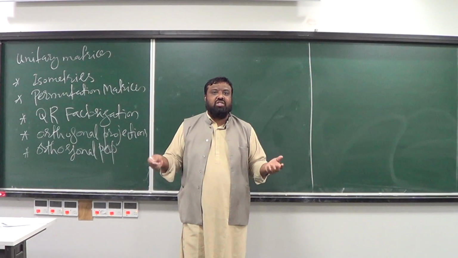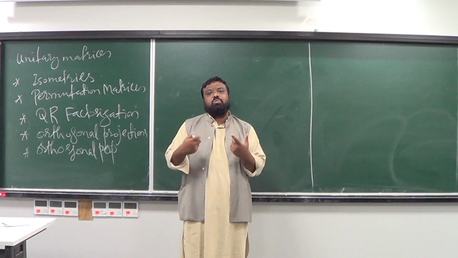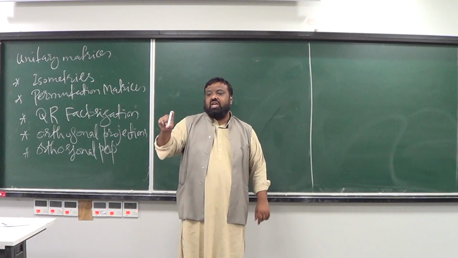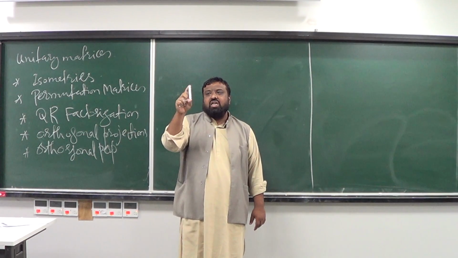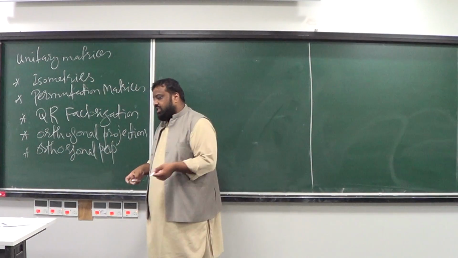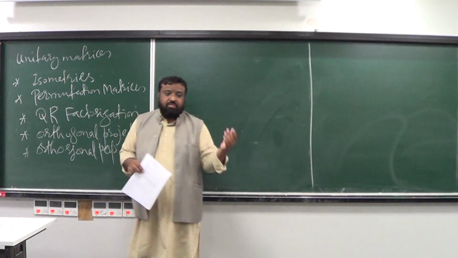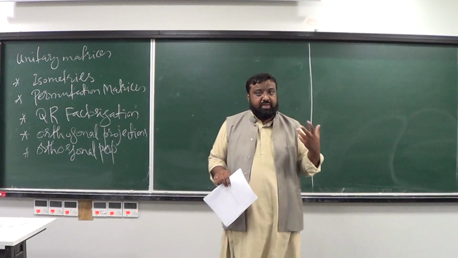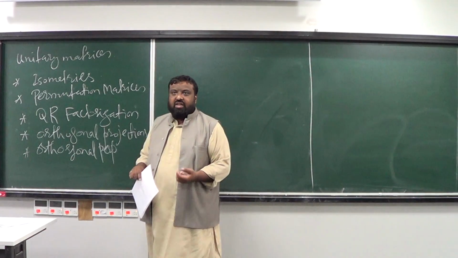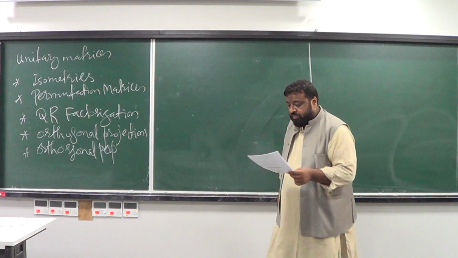So isometries are the distance preserving maps, the size preserving maps. For example, if I am making a translation or rotation, the size of the chalk is not changing. So that's an isometry. Isometries are a pretty important topic from different perspectives, especially they play a very interesting role when you are studying, for example, the mechanics of rigid objects.